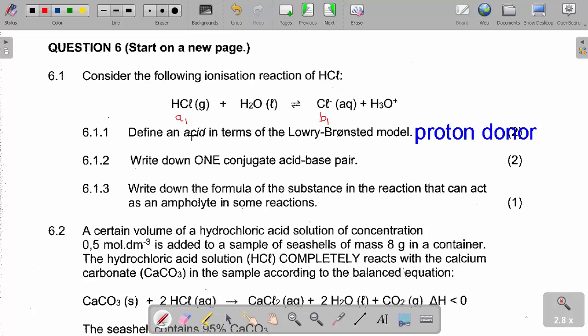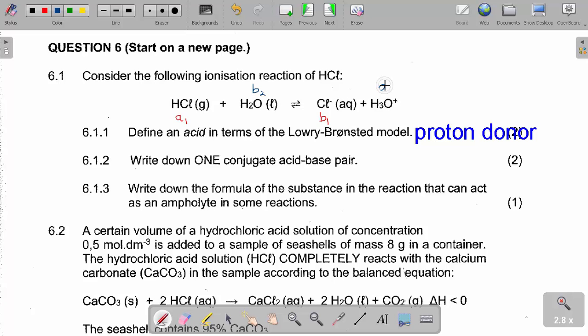When the acid loses a proton, it becomes a conjugate base. Now look at this water here, H2O. What happened to it? It gained a proton. So the water becomes my second base, which I call base B2. After water gets a proton, it forms the conjugate acid, which is acid A2.